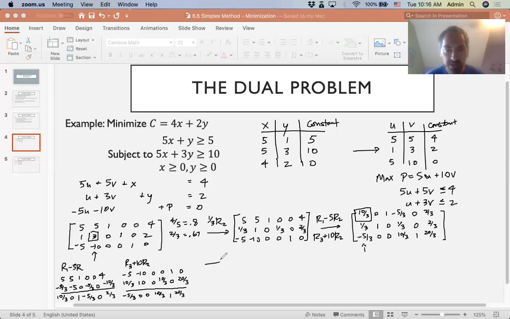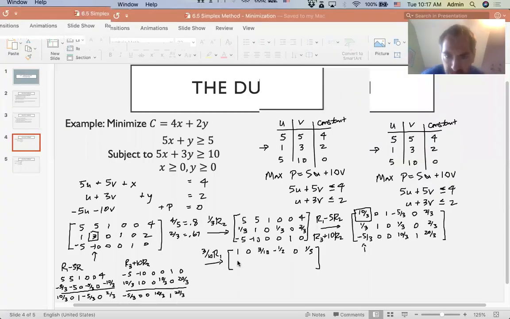We can do that by multiplying by 3/10. That's 1, 0, 3/10, negative 1/2, 0, and 1/5. Everything else stays the same.